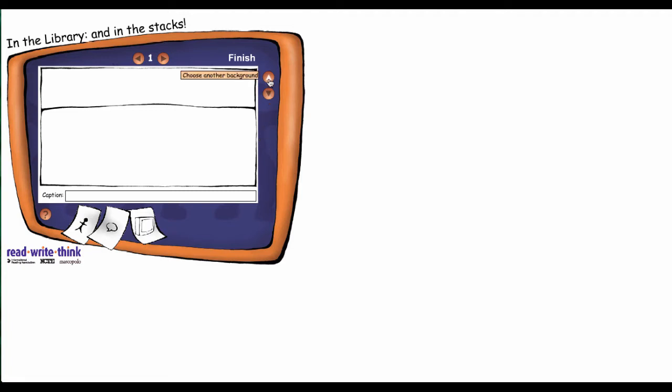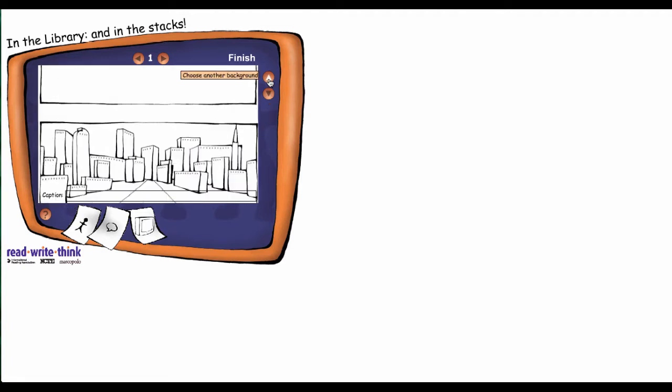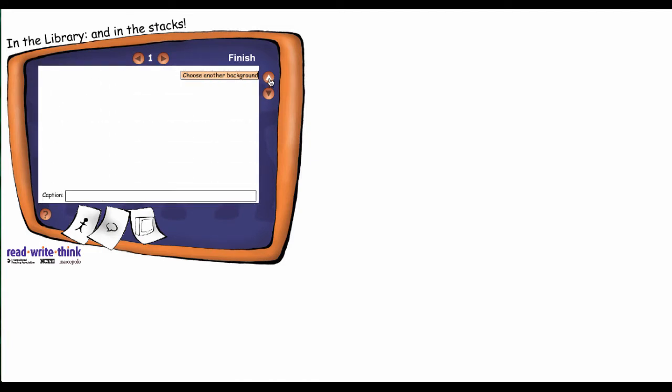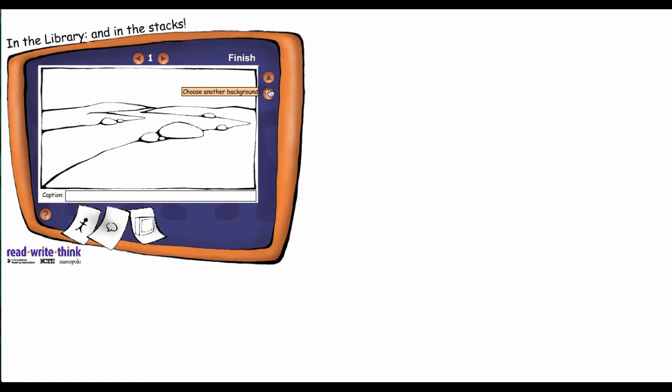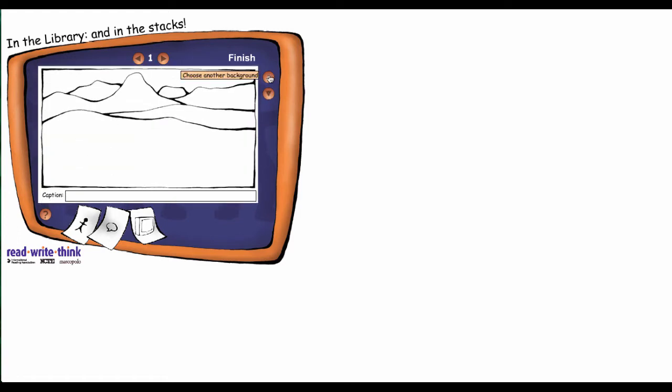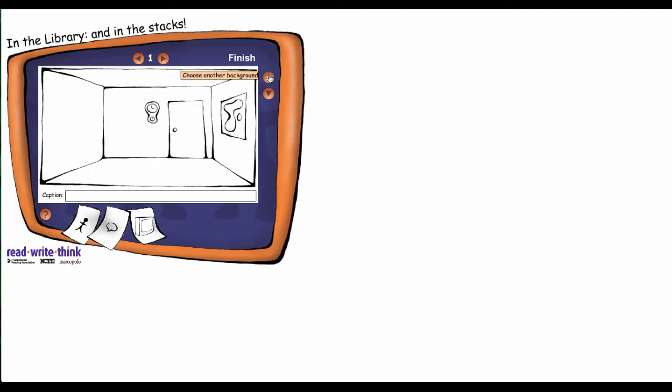First thing you may want to do is to change your background. So you can just scroll through it until you find one that seems to work for you. There's quite a few there. So, we'll say that we're going to choose that one. And you have the ability to caption it as well.